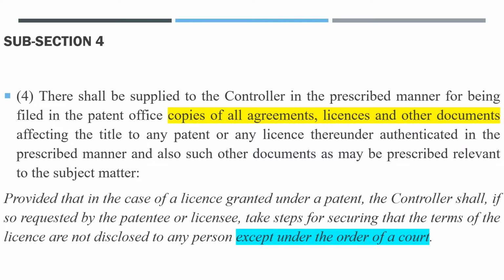Provided the controller, on request from the licensee or patentee, takes steps for securing the terms of the license from all except under the order of a court. Okay, friends, so this way, subsection 4 is also, I think, pretty clear right now.